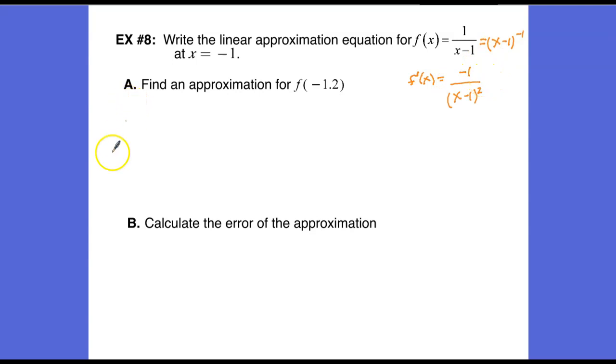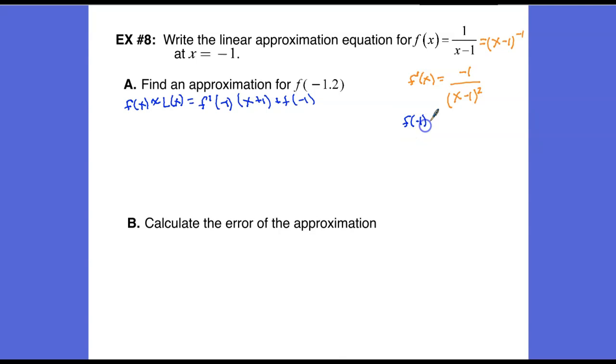First, let's look at our approximation. f of x is approximately L of x is equal to f prime of negative 1 times x minus a negative 1 is plus 1, plus f of negative 1.